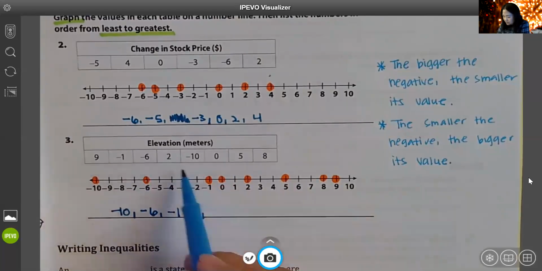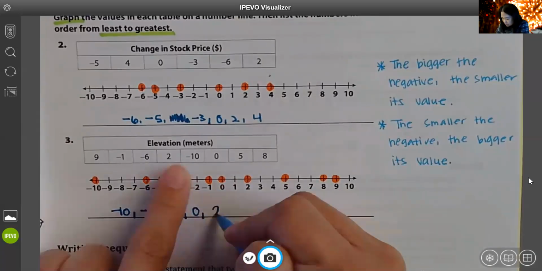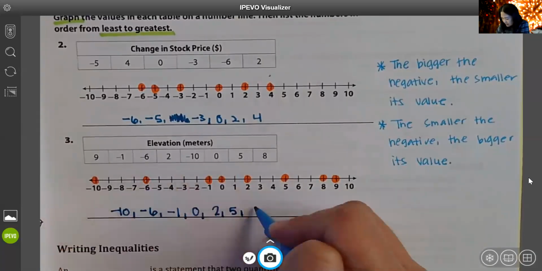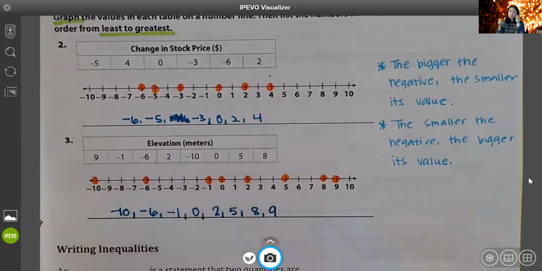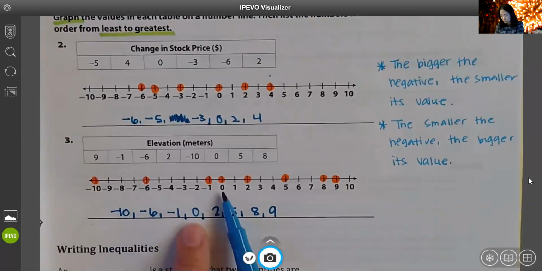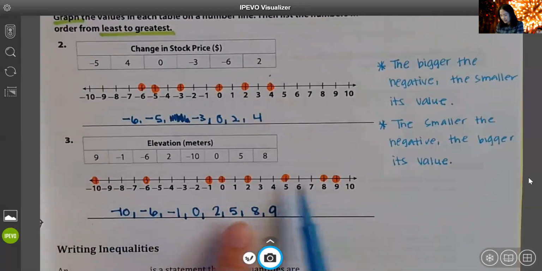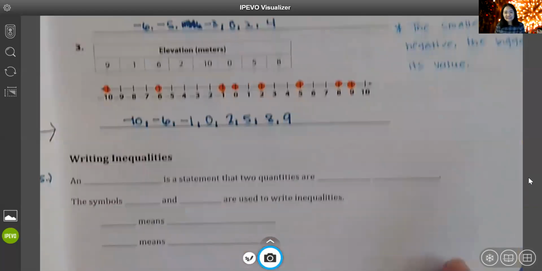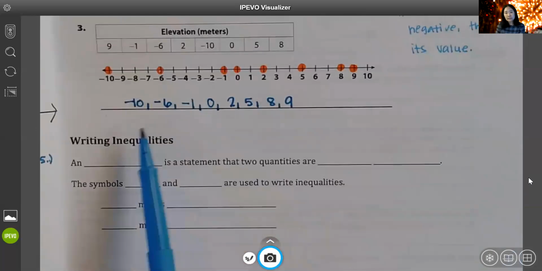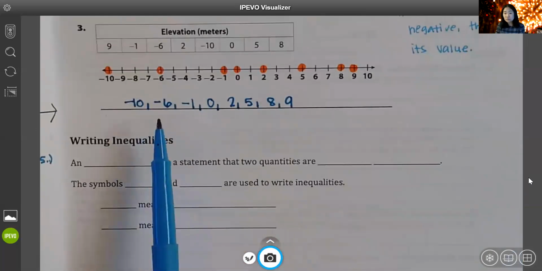And now we have all the positives: 2, 5, 8, and 9. So you can do that mentally without having to draw the number lines. You can also look at the number line to make sure your answer is correct. Look, -10, -6, -1, 0, 2, 5, 8, and 9. You did it correctly. Okay, so this was ordering integers from least to greatest.